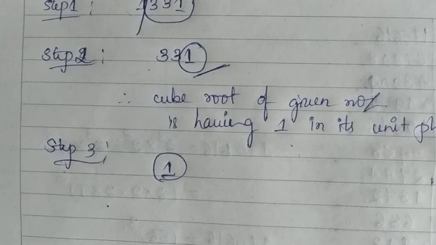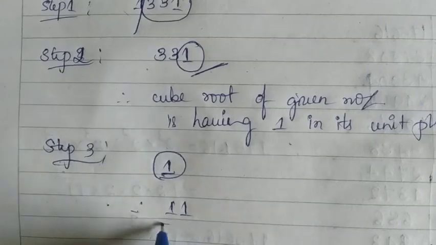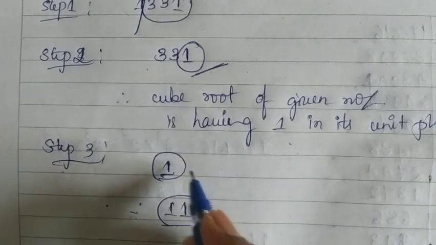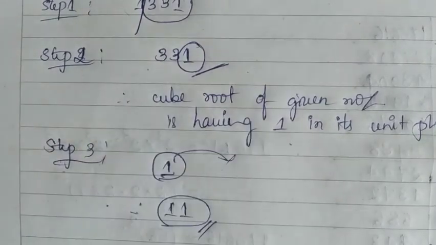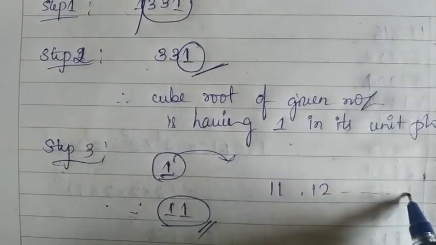Now let us start with the numbers 11, 12, 13, 14. Look at those numbers: which number ends with 1? Yes, 11 is the only number that ends with 1. We count the numbers starting from 1, that becomes 11, 12 like that.